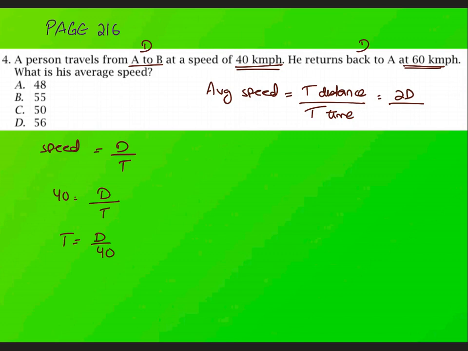That's the time taken from A to B. Similarly, if I take the second speed, which is 60, the distance is covered in d by 60 hours. So the total time is d upon 40 plus d upon 60.